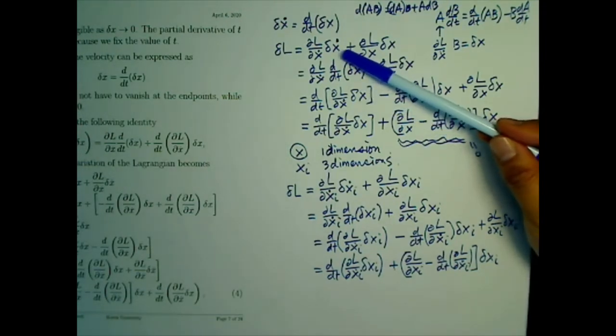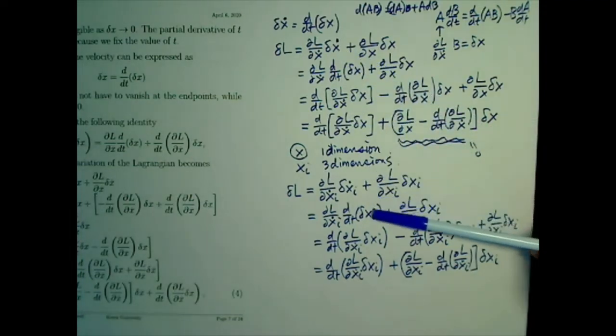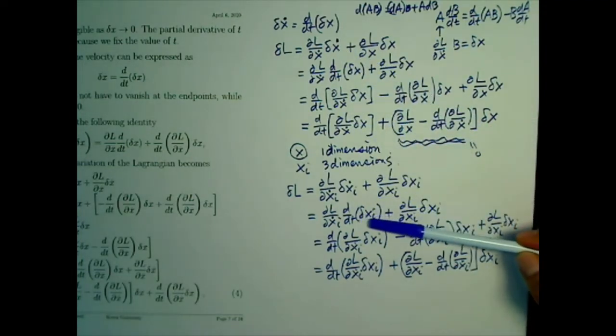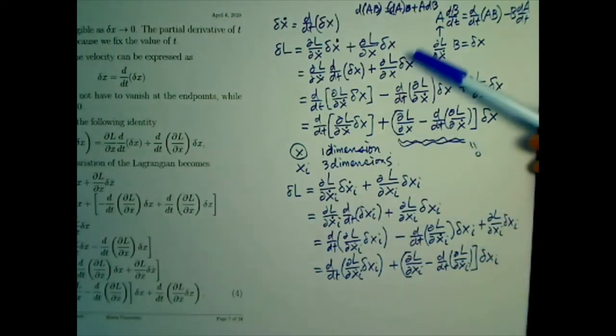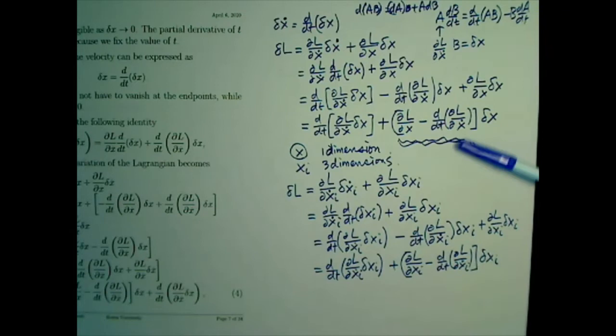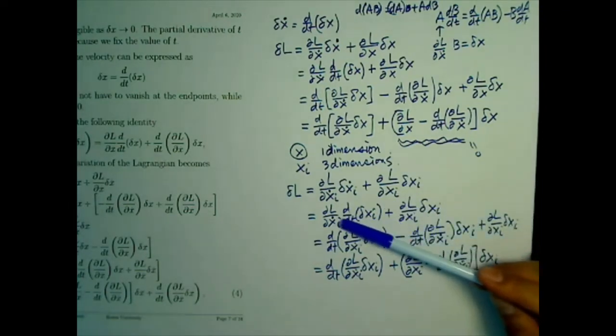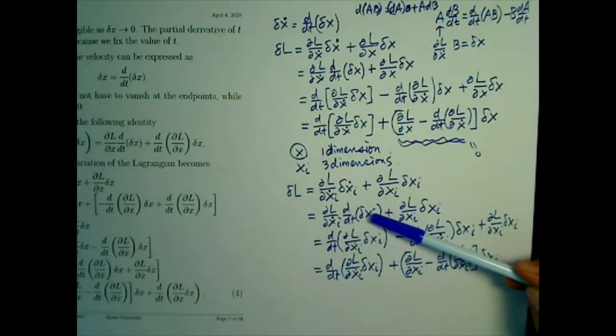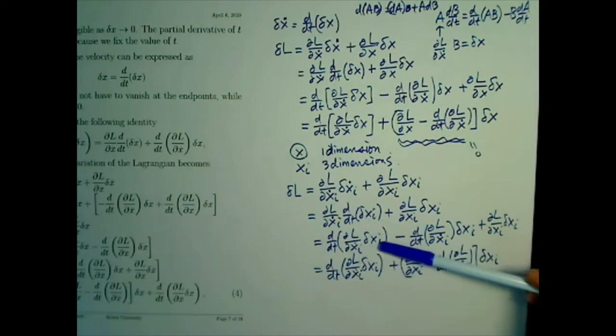the variation of velocity should be written in the form of the velocity of the variation. And then this method is also used to find the total derivative of this momentum multiplied by variation.